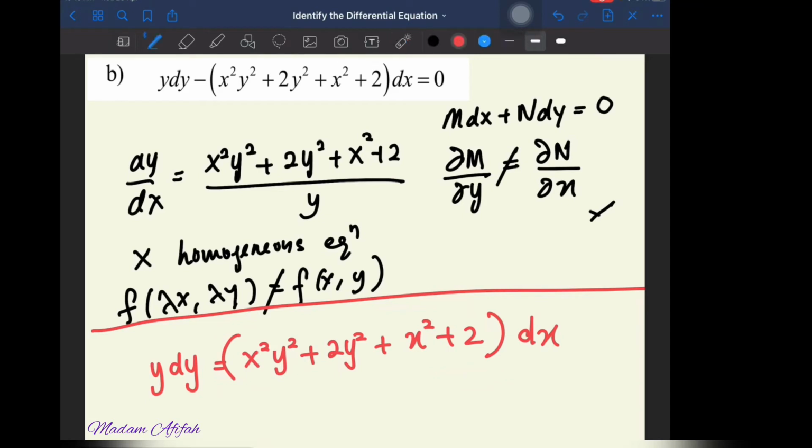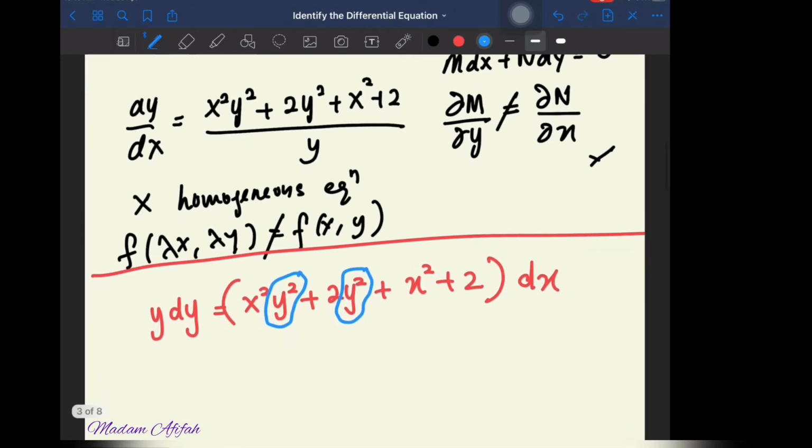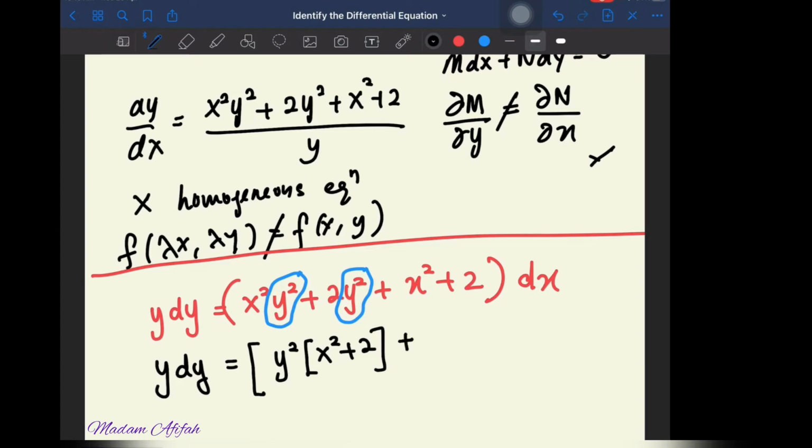As you can see, you have y squared and you have y squared, so you can factorize the y squared. So that you will have y dy equals y squared (x squared plus 2) plus x squared plus 2, the whole thing with respect to dx.